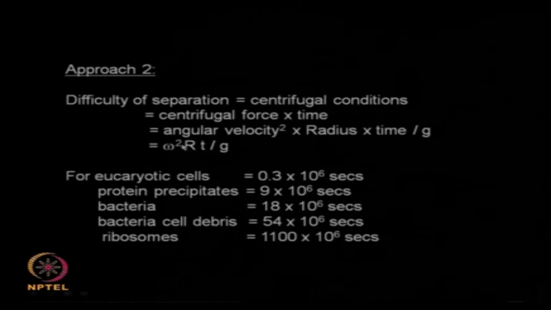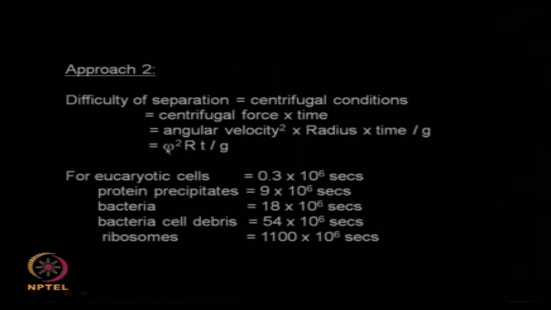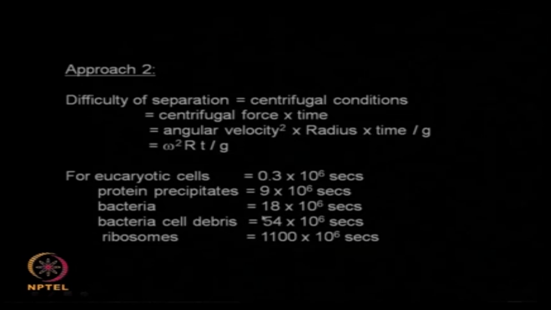That means when I move from a small scale which has certain values of omega, r and t, to a larger scale and I want to separate bacterial cell debris, then I can keep the same number, 54 into 10 power 6, but it may have different omega, different radius, different time. But the product omega square r t by g will be the same irrespective of the scale.